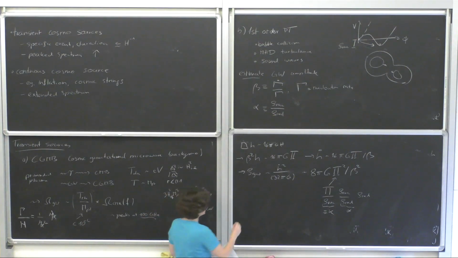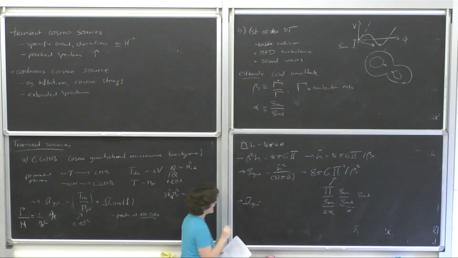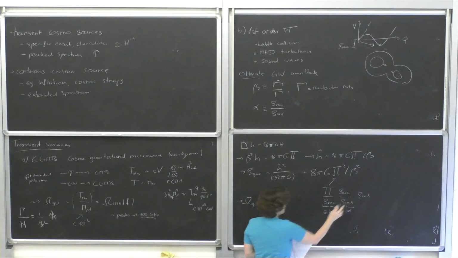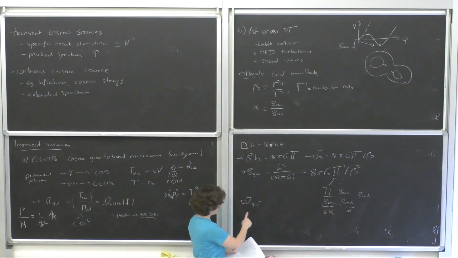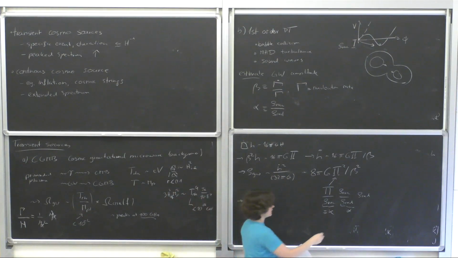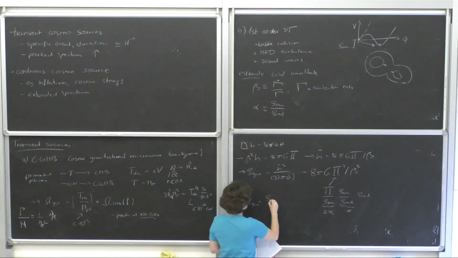And so we plug it all together, and we get for omega gravitational wave, the amplitude that we observe today, the rho radiation, the energy density divided by the critical energy density. So rho rad divided by rho c is about 10 to minus 5.